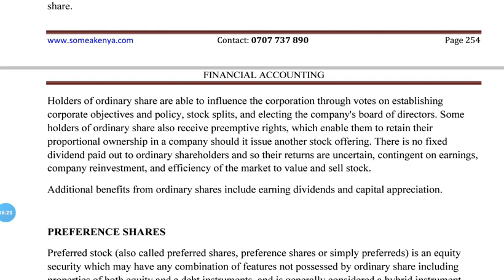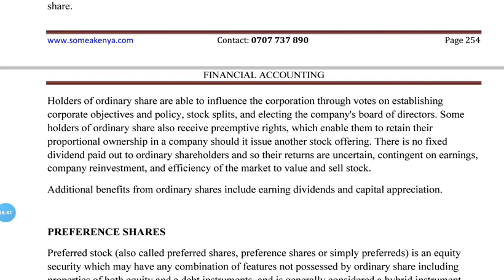Some holders of ordinary share also receive preemptive rights, which enable them to retain their proportional ownership in a company should it issue another stock offering.